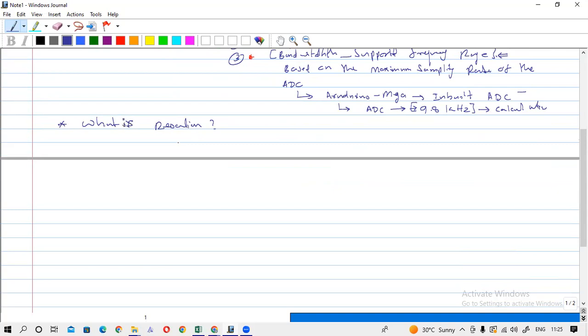What is the resolution? That is the number of bits, the number of bits that represent a sample value. Yes, your answer is correct.